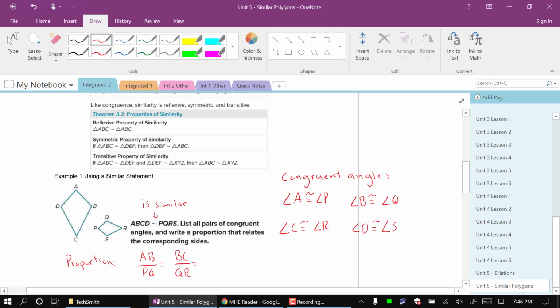What we're basically saying here is that when we figure out the side length of this and the side length of this, and we reduce it down, then like we had with our scale factor, these four are all going to be equal to each other. So CD is connected to RS, and DA is connected to SP. So there is our proportion statement.